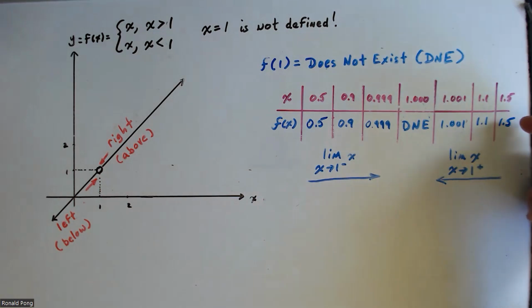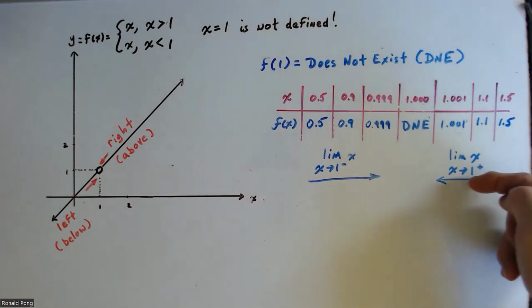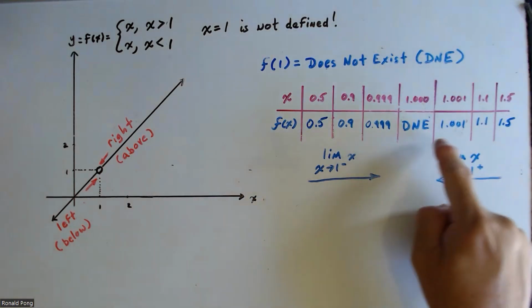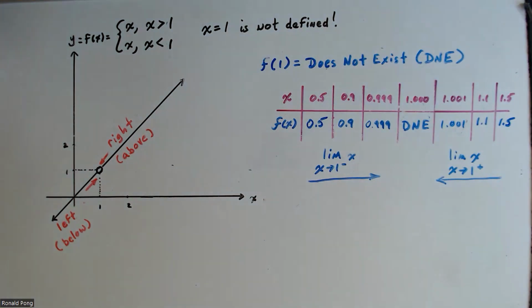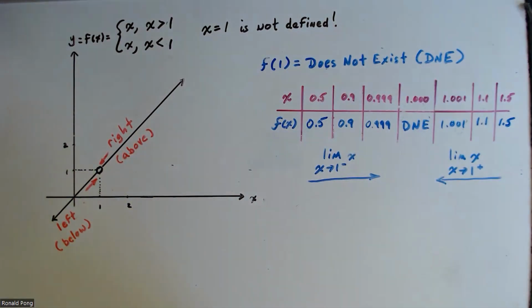Likewise, I can go down in value for x from 1.5 to 1.1 to 1.01, and you can see once again the values of f of x are getting very, very close to 1. This is true even though f of 1 does not exist.